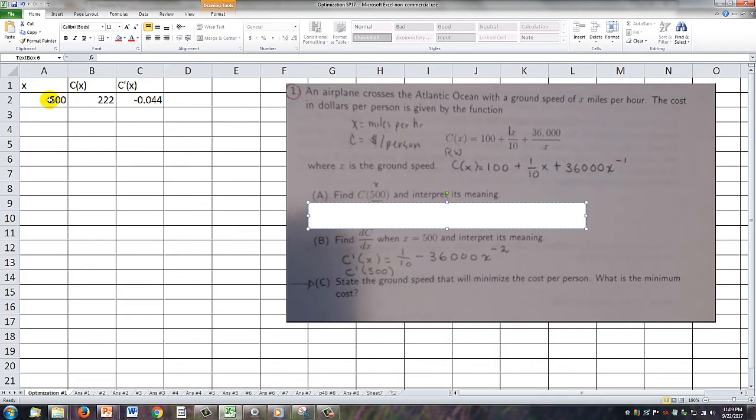So according to this, when the speed is 500 miles per hour, the cost per person is $222. So this is just kind of an if-then. You use the original function. If you know 500 miles per hour is the speed, then the cost per person is $222. Okay, the next one says find the derivative when x is 500, and so we have that here.